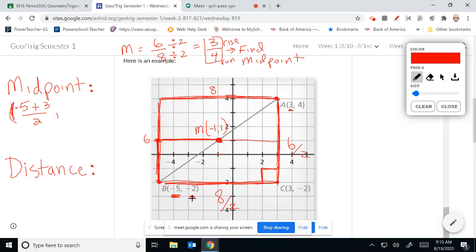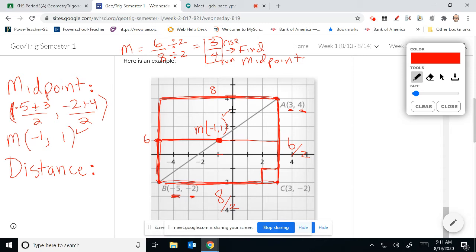And -2 and +4, you could have added those together and then divided it by 2 to find the middle. So you could have had a -2 over 2, which is -1, a +2 over 2, which is +1, and you would have gotten the same answer. Okay, same answer right there, -1, 1, to get your midpoint.